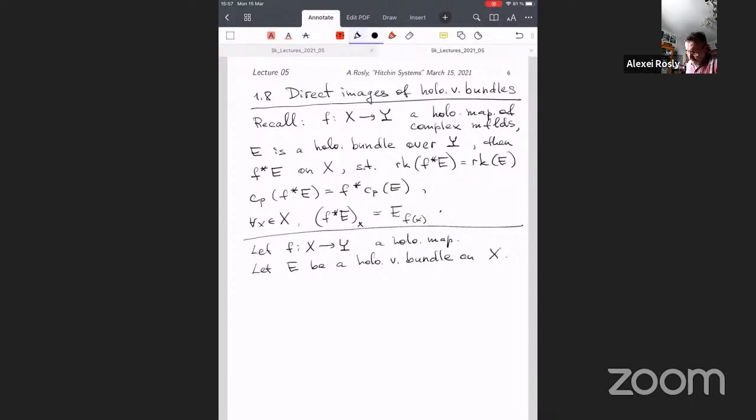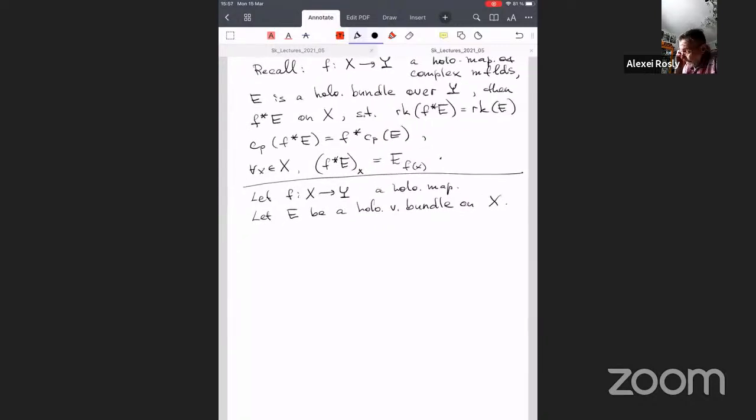Over X on X. Then consider the local sections. So for any open subset in X, we have the space of holomorphic sections.